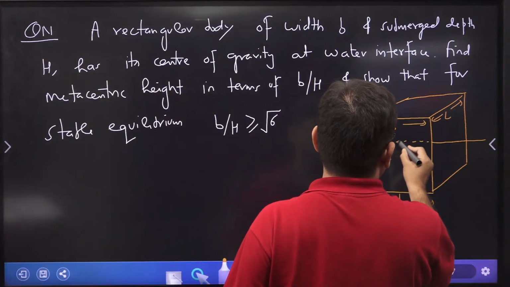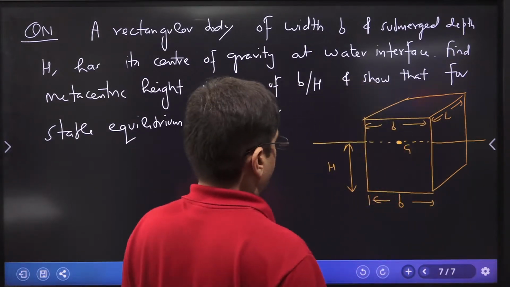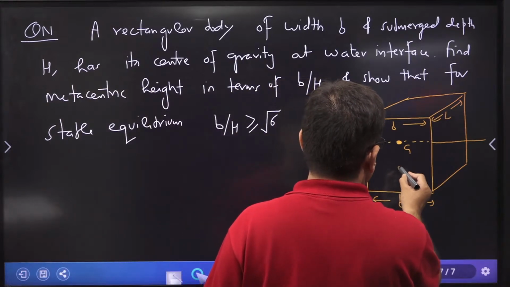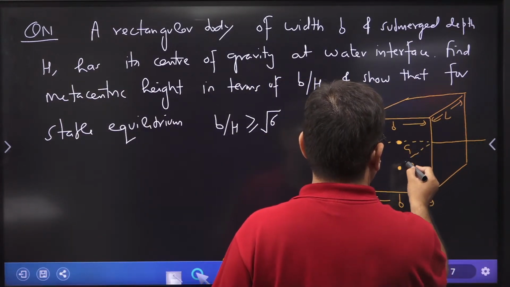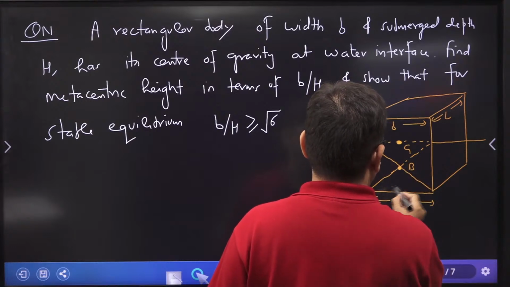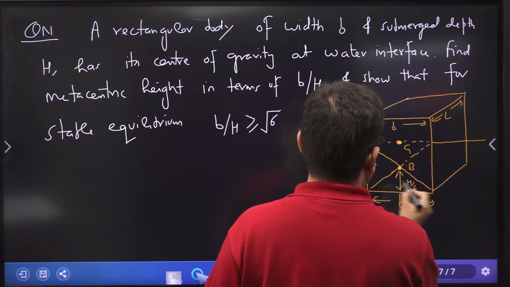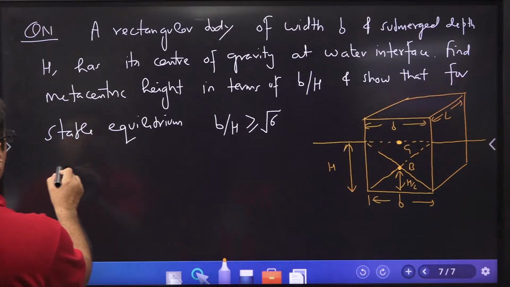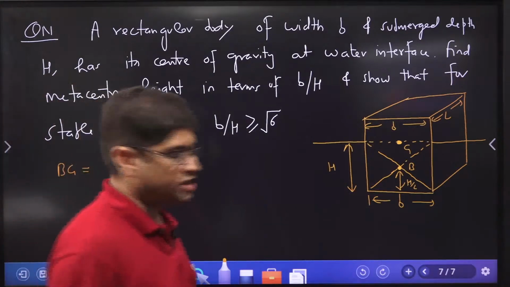That is the information you have to think about. Now, let us say this is B. Any idea what B is? Yes, sir. B is the centroid of the submerged part. Can you tell me how far this is? This is h by 2 and the rest is also h by 2. So can you tell me now how much is the B से G तक का distance? Can you tell me what is B to G?